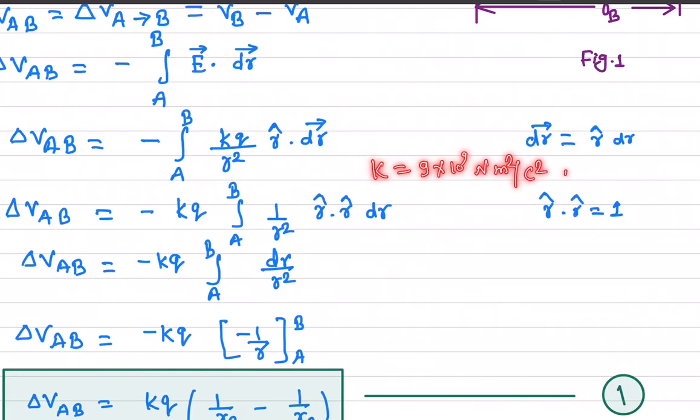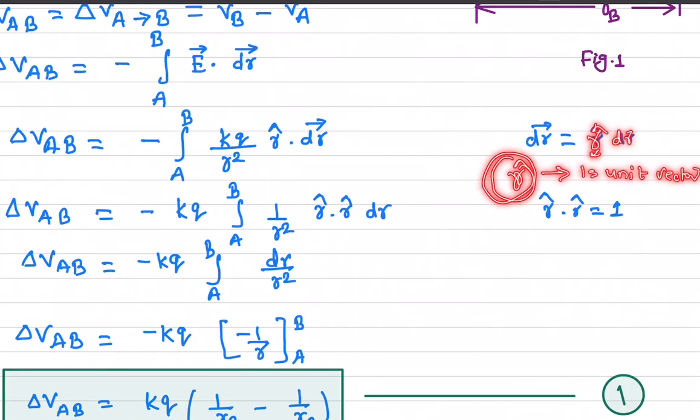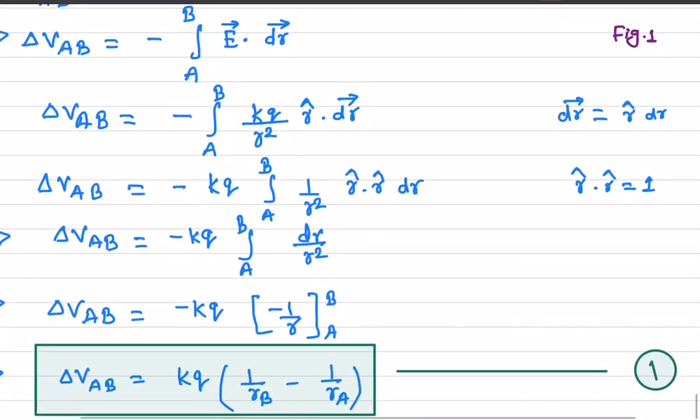The value of K is 9 times 10 to the 9 Newton meter square per coulomb square. And the dr vector can be written as r hat times dr. Again, r hat is the unit vector. For those who have taken the calculus class, anything with a hat means it's a unit vector. That means its magnitude is 1.